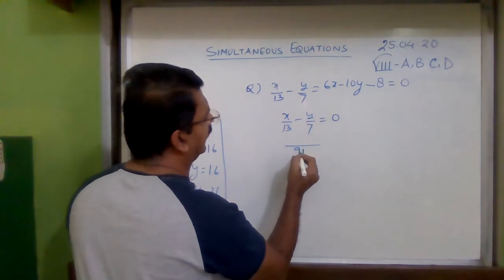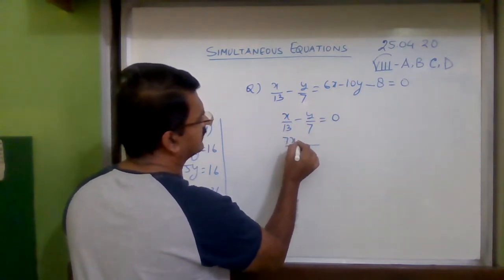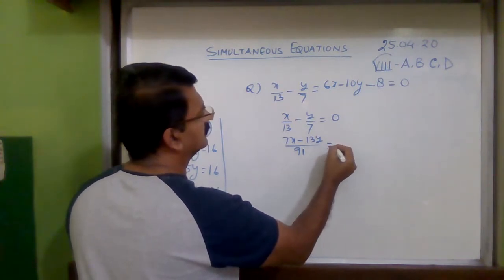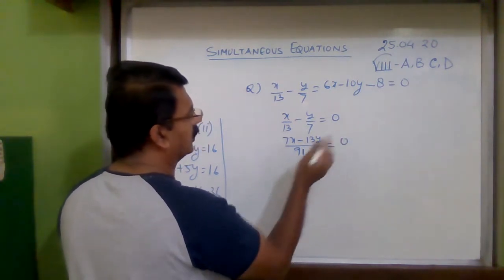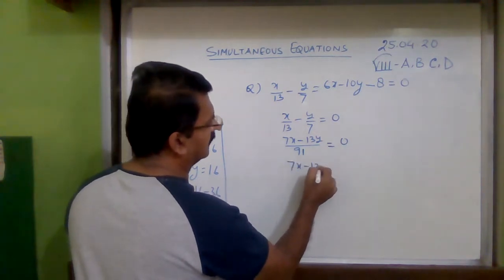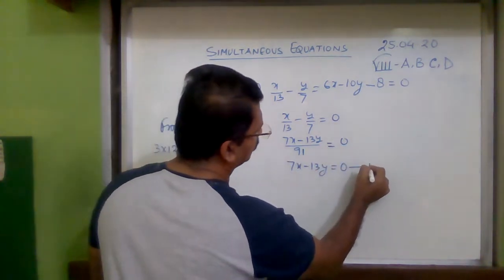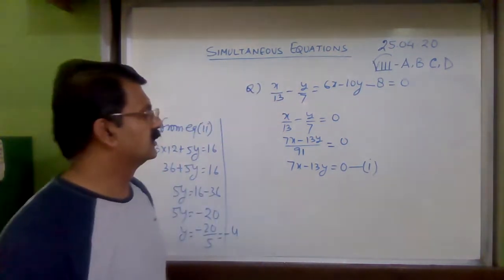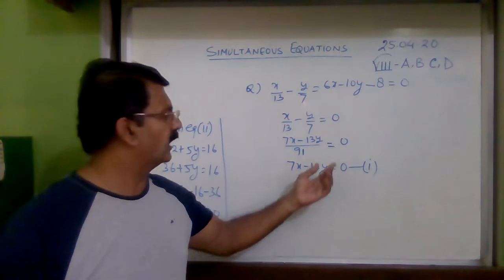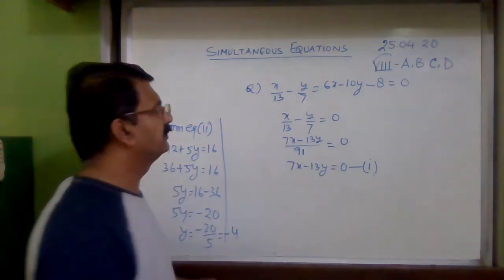So if we write 91 here, it is 7x minus 13y is equal to 0. If you cross multiply, 91 into 0 will be 0 only. So 7x minus 13y is equal to 0. This is equation number 1. So we have got the first equation as 7x minus 13y is equal to 0.